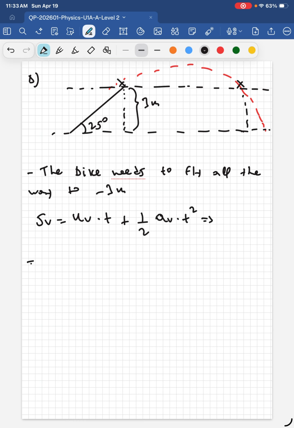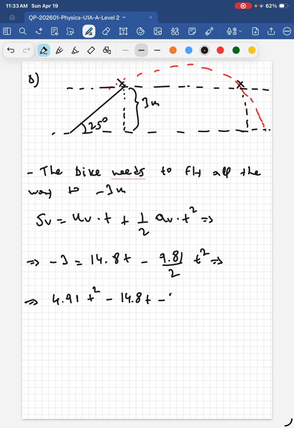So S vertical, in this case, is going to be -3, and this is equal to the initial velocity, which is 13.8, T minus 9.81, which is of course the acceleration due to gravity, over 2, T squared. So we get this quadratic equation: 4.91 T squared minus 13.8 T minus 3 is equal to 0.